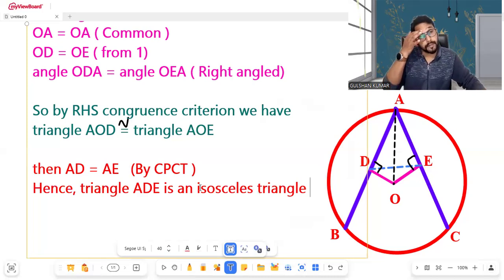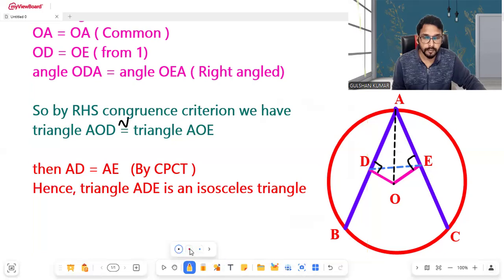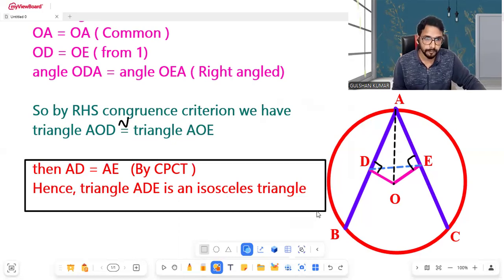When AD and AE are equal, the whole triangle is an isosceles triangle, as we have proved it.